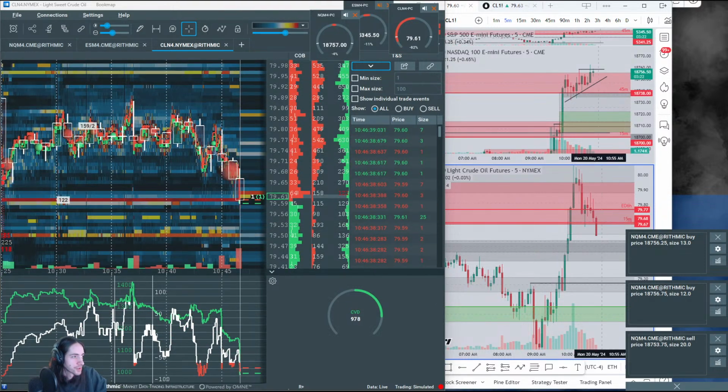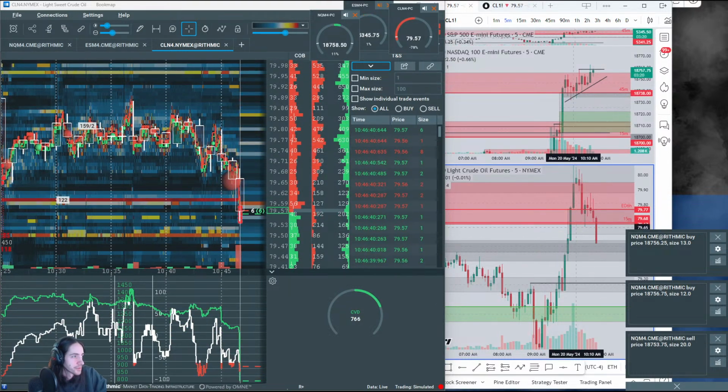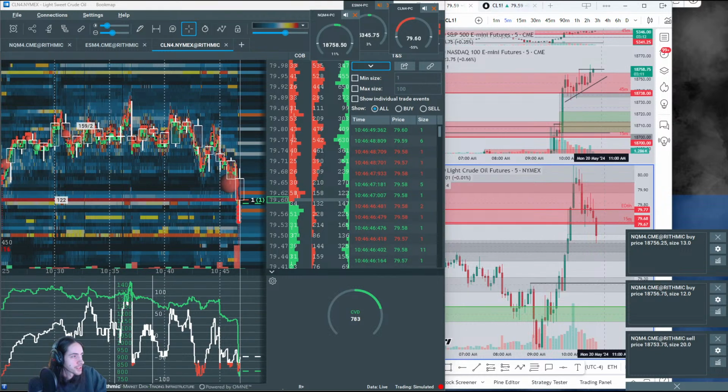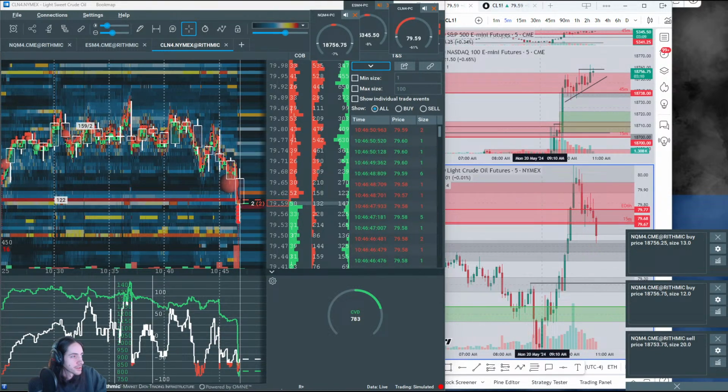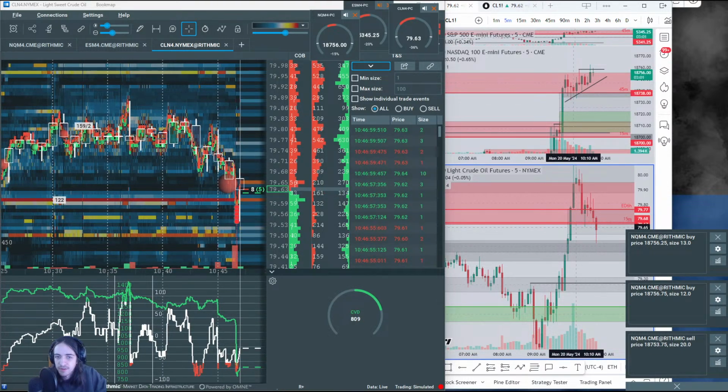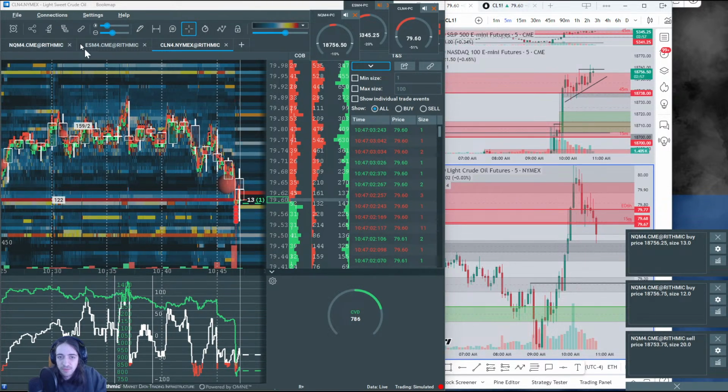I'm gonna try some shorts on crude because if the longs didn't work out, we should have some momentum. Nice break right there. But then the pressure slows down, so we're going to scalp that. Wait, let's see. Yeah, you see those sweeps coming on crude?